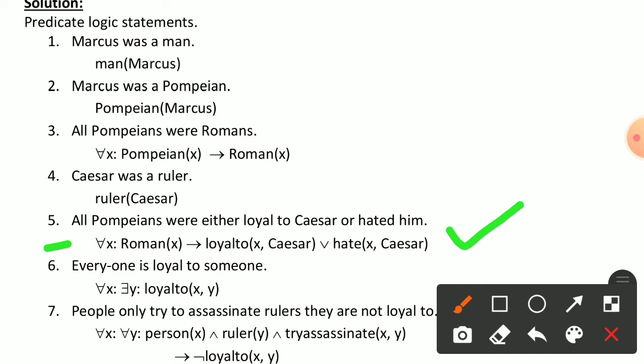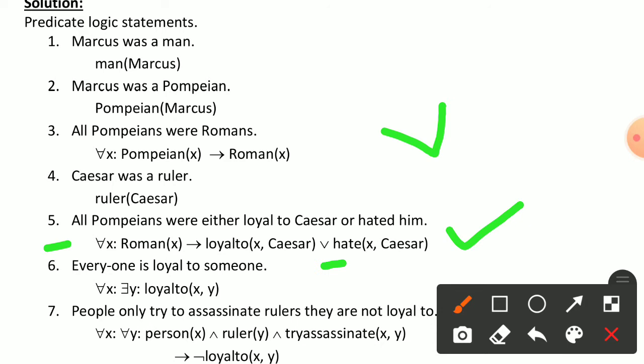Roman X means Roman Marcus, and Marcus was a man and is loyal to Caesar, or Marcus hated Caesar. Two different possibilities are given and we can separate the two different sentences by using the or symbol.